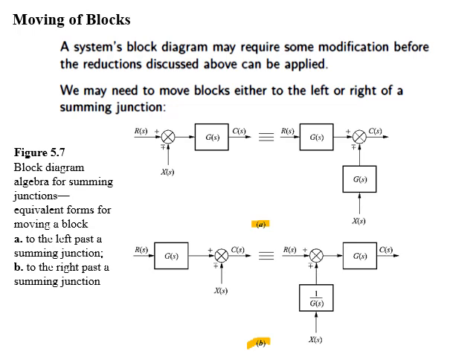First we will study these rules for a summing junction. If you look at figure A, we have a summing junction with one input R of S and a second input minus plus X of S, and its output acts as an input to G of S, and the output of the system is C of S. Now to move the system G of S from output to input branches, it will occur in all the branches of the summing junction.